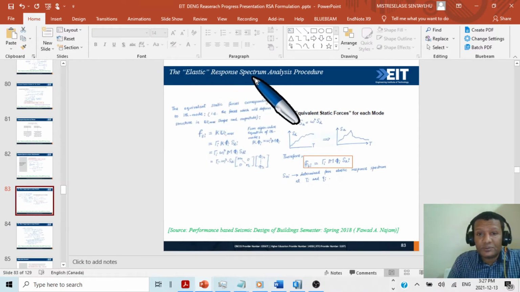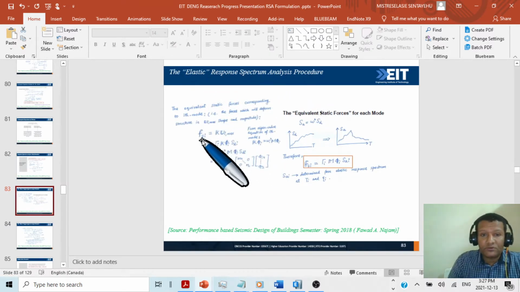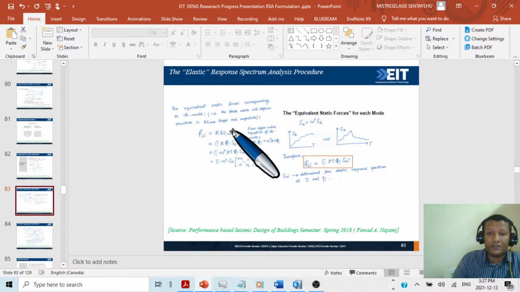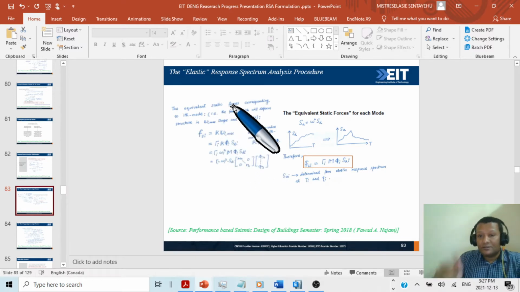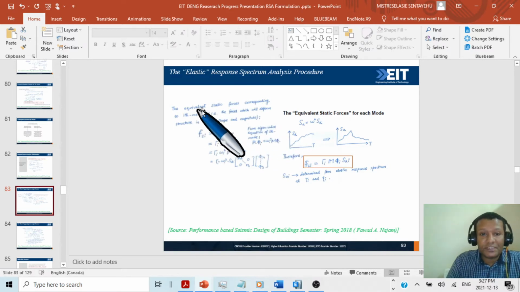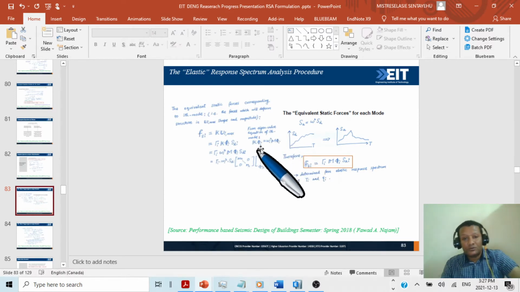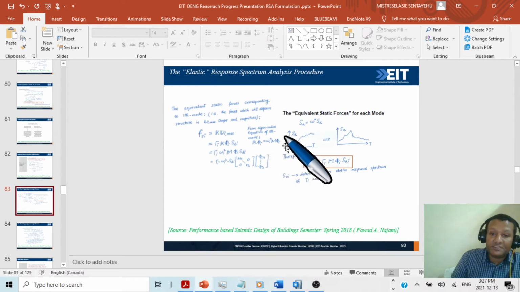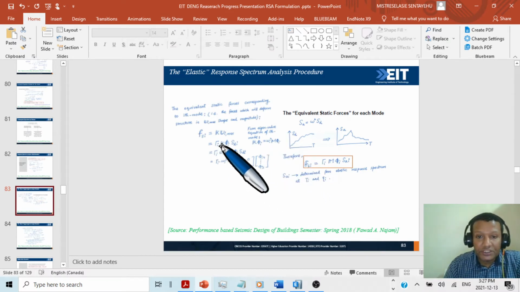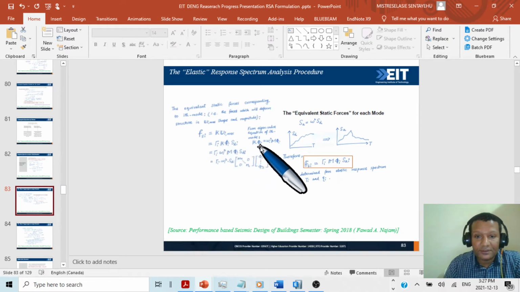For elastic response spectrum analysis, this is also how to find force. Force is K times u, the equivalent static force. So the equivalent static force for the i-th mode will be K times u_i max. Again from the eigenvalue equation of the model, K times phi_i equals omega squared m times phi_i. So we change K to omega squared times m, times SDi.